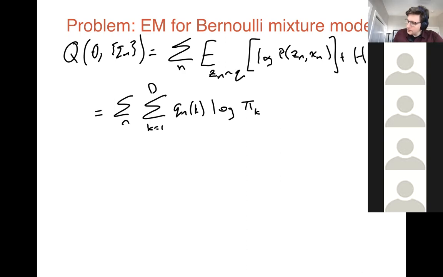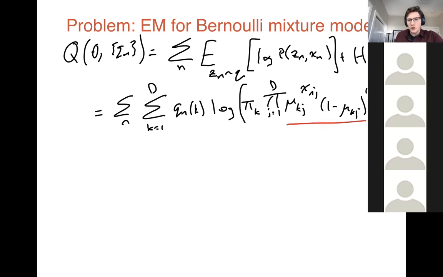k times the product, with a parenthesis going here, product over j equals 1 to d of mu_kj to the x_nj times 1 minus mu_kj to the 1 minus x_nj. So this part is just our Bernoulli probability that we've seen a bunch of times before.